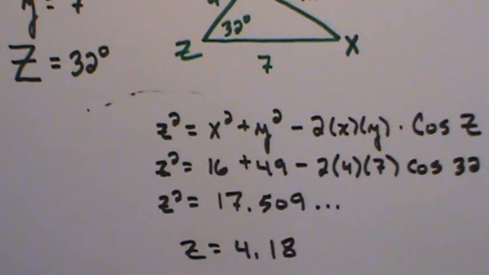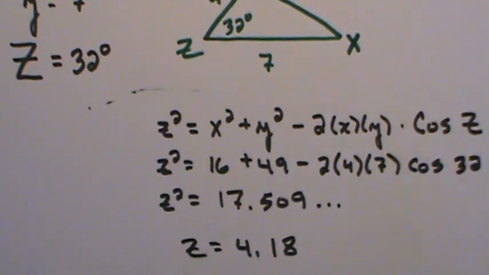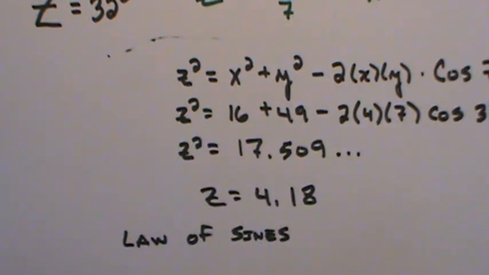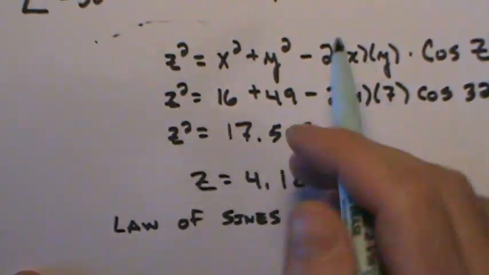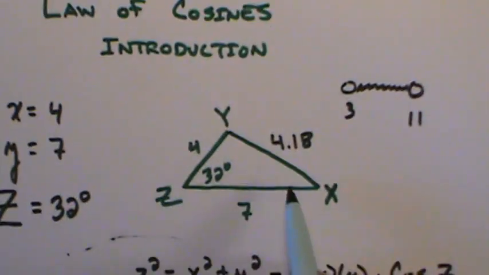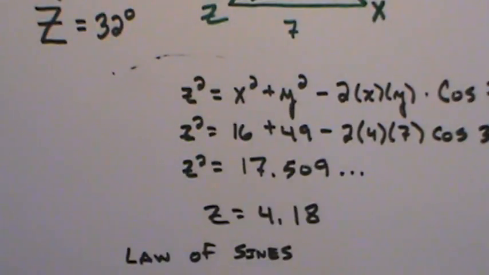We're going to go back to what we've already learned, law of sines. The law of cosines and the law of sines are really one and the same. They're related to one another. You can't do one without the other. So as I said, I'm going to set this up and I'm going to look for this sine x. I'm looking for x.